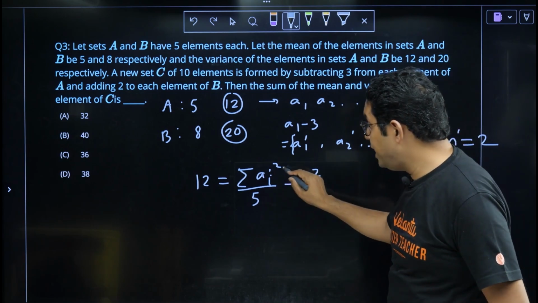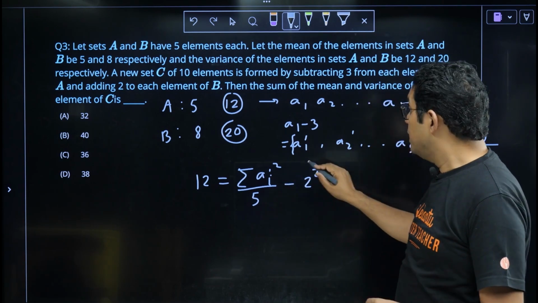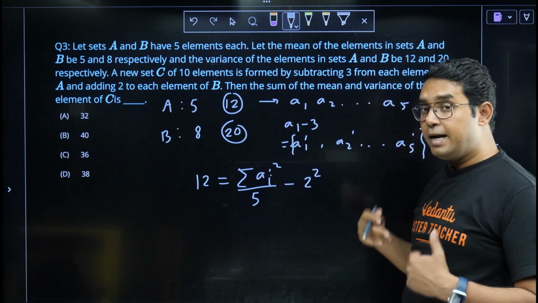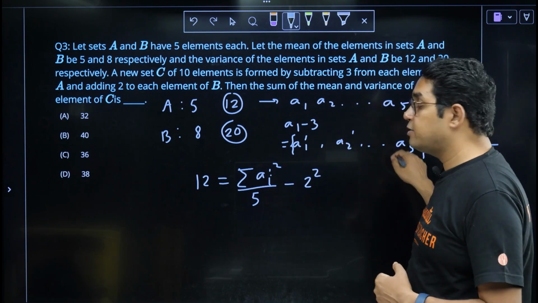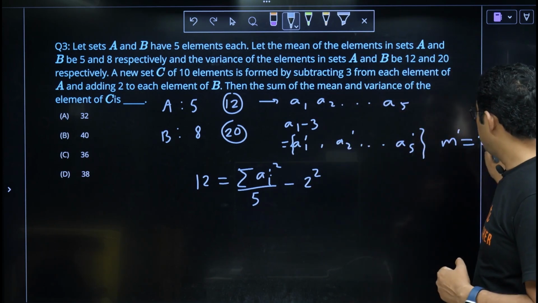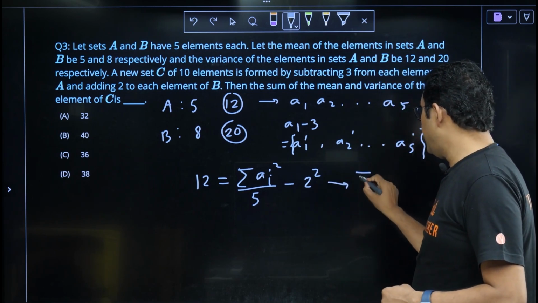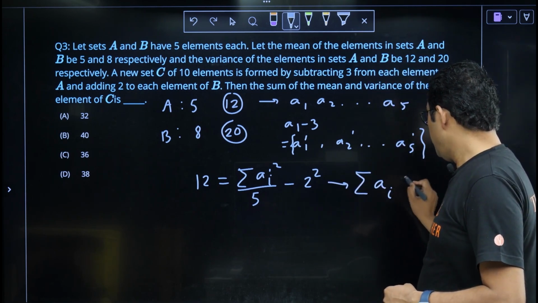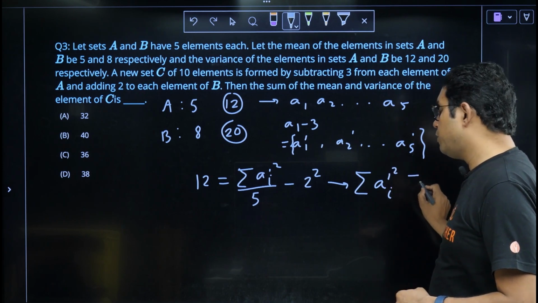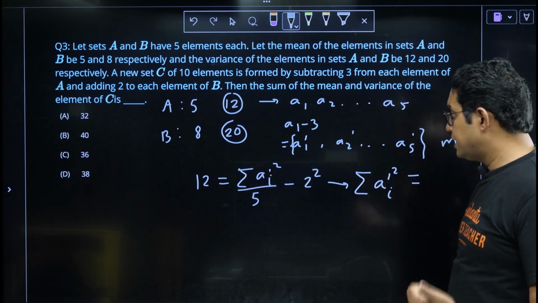Here it is Ai dash square, not Ai square, because I have taken the data obtained after subtracting 3. After subtracting 3, our new mean is 2. So from here you can see summation Ai dash square will be equal to (4 plus 12) = 16 into 5, that is 80.